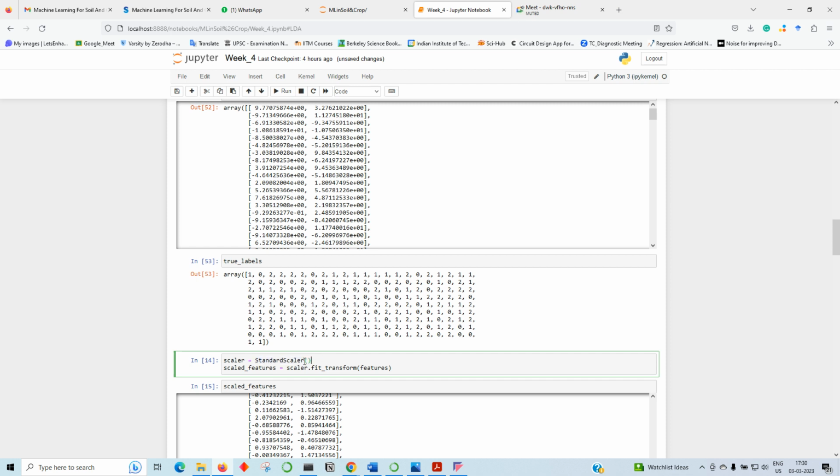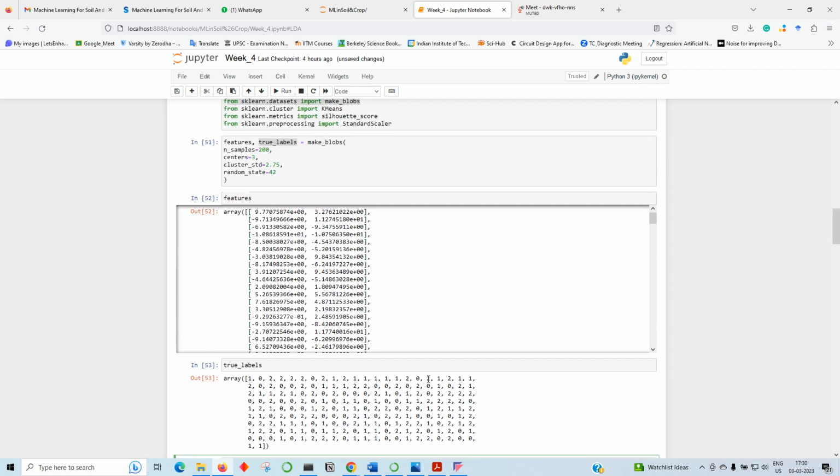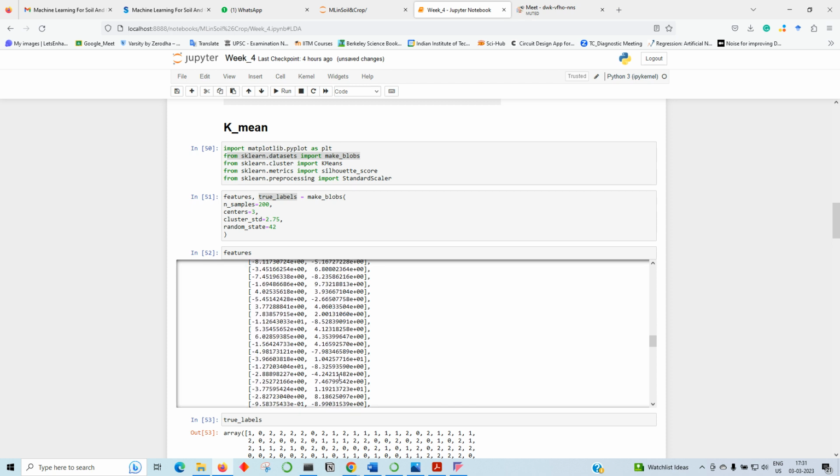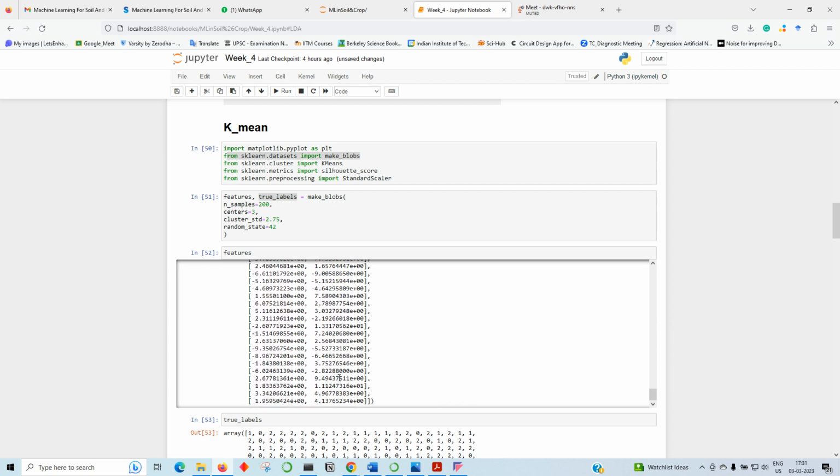Now StandardScaler is going to scale our data, and we use that scaled feature data for our classification, because you see these values are big values like 9.7 and 10, and below there might be some values which are much closer to zero.